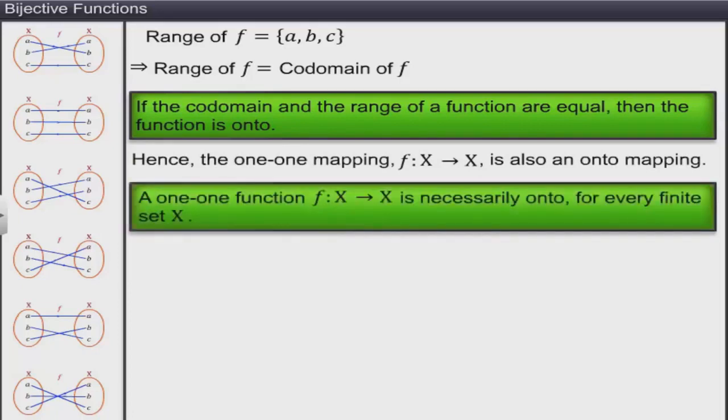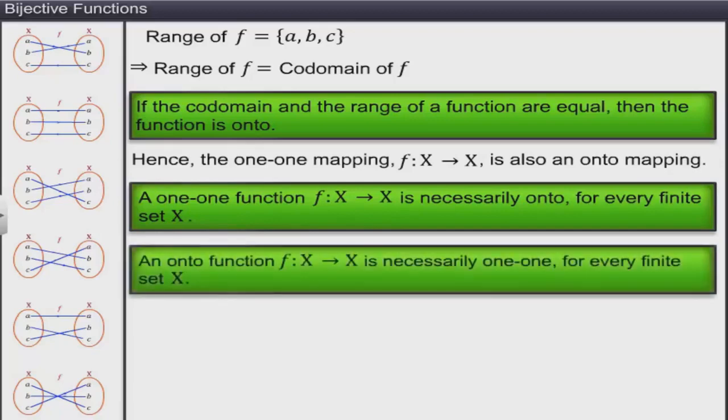More generally, for a finite set X, a 1-1 function f from X to X is necessarily onto. Also, an onto function f from X to X is necessarily 1-1 for every finite set X.